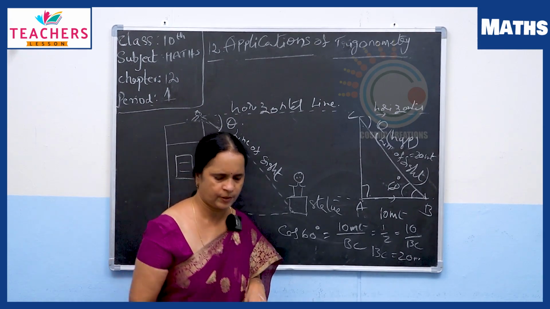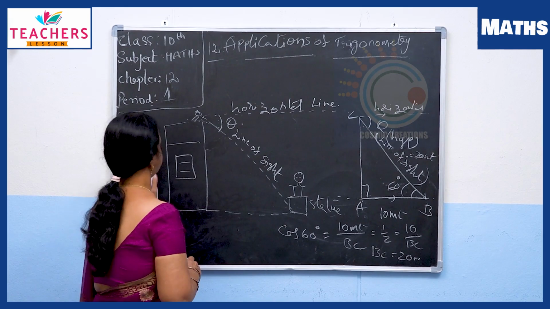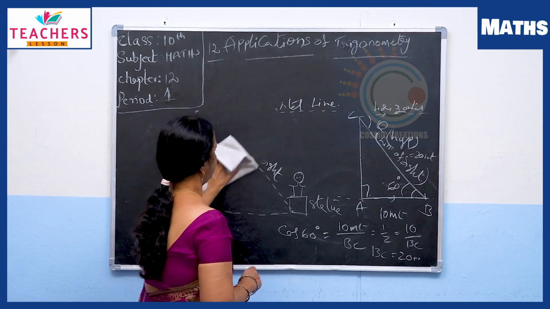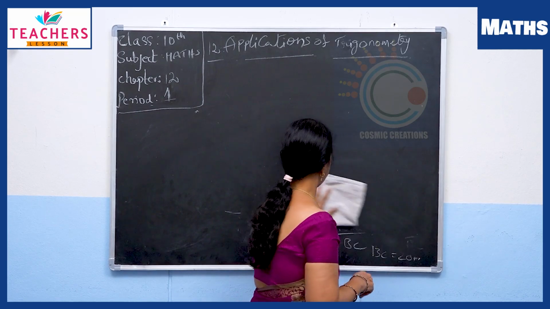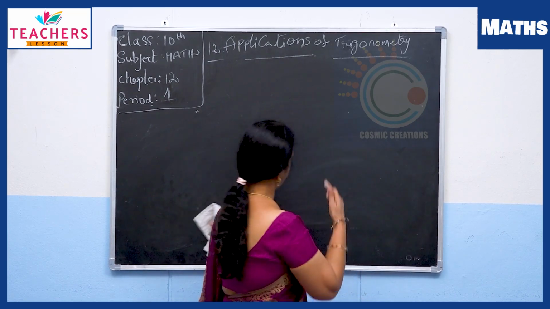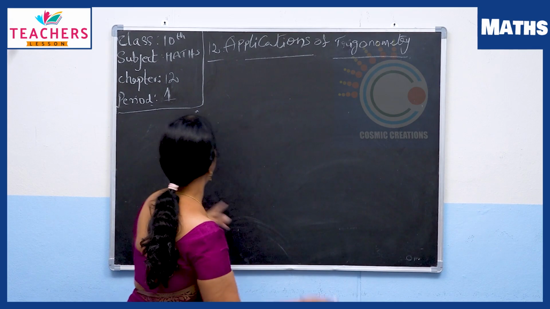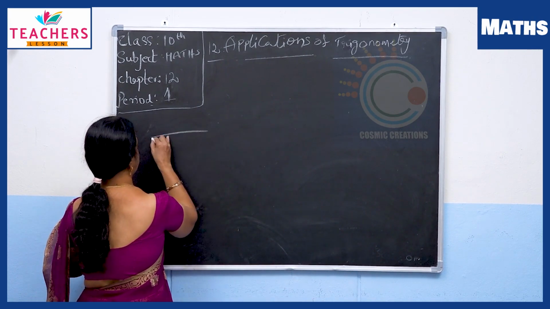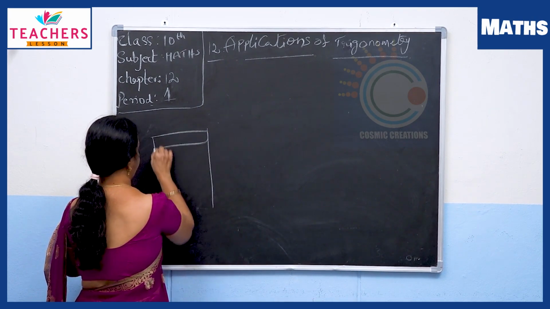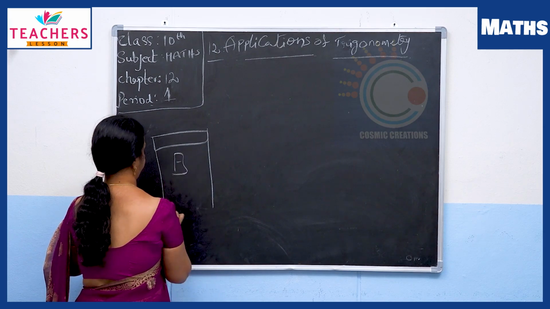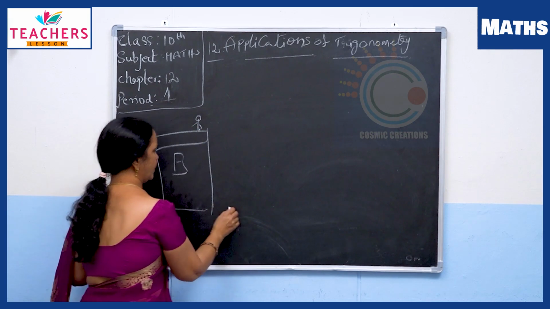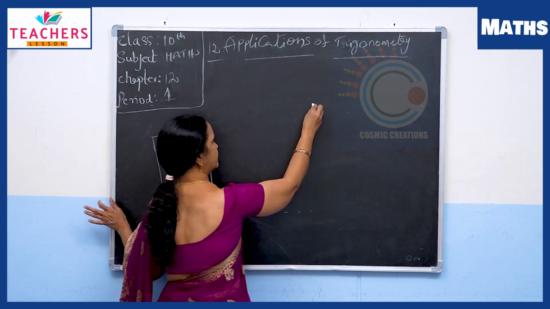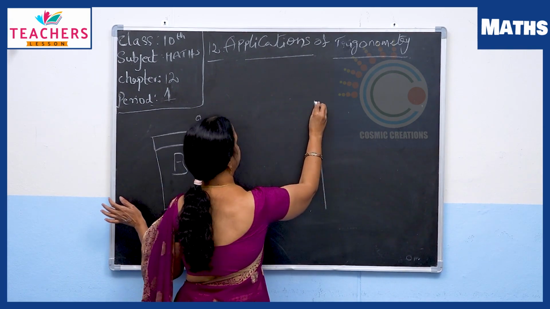One more example I would like to say. If you are standing on the same building, but upwards you are standing. Look at it, this is the building. You are standing here, but you want to find, outside of the road, one tower is there.